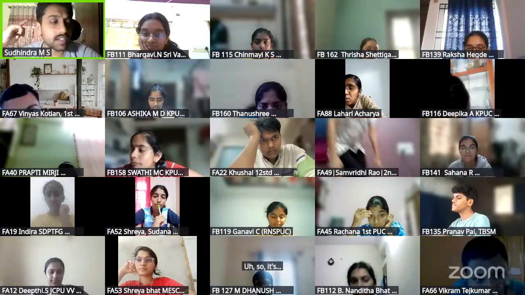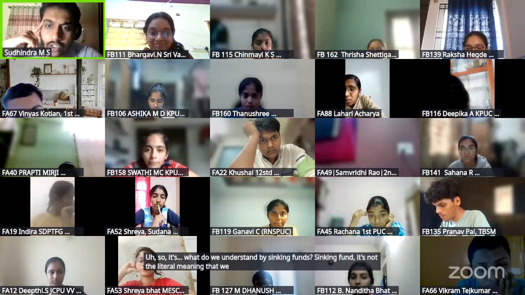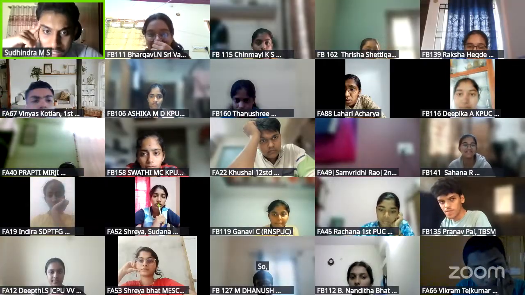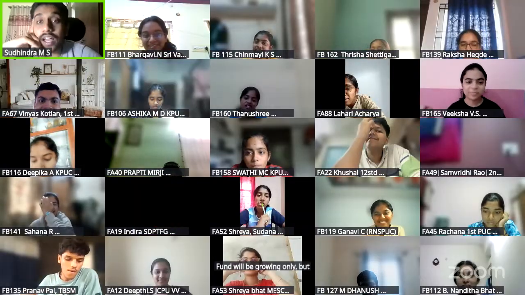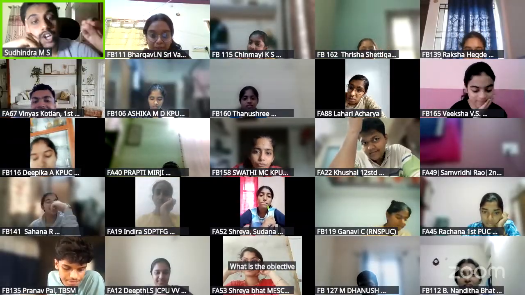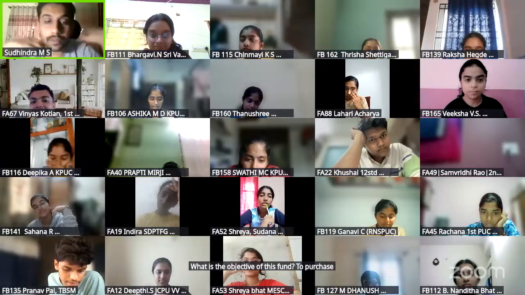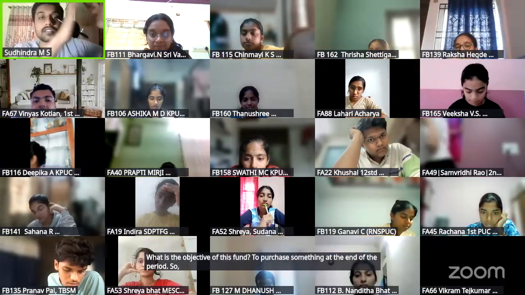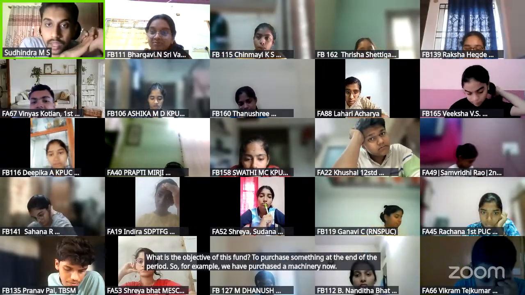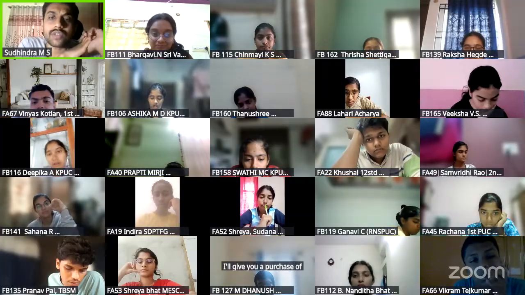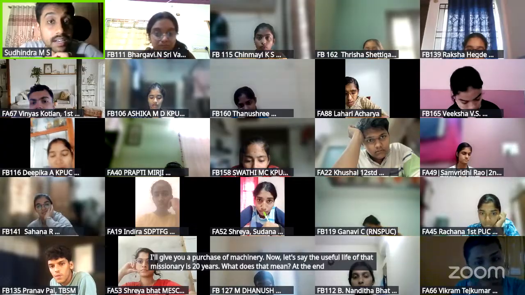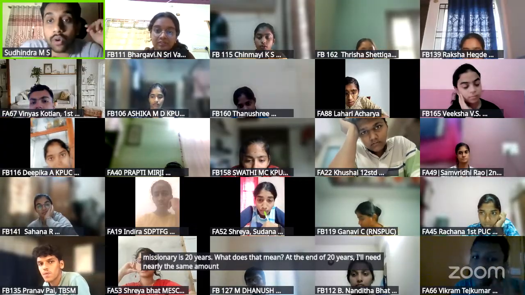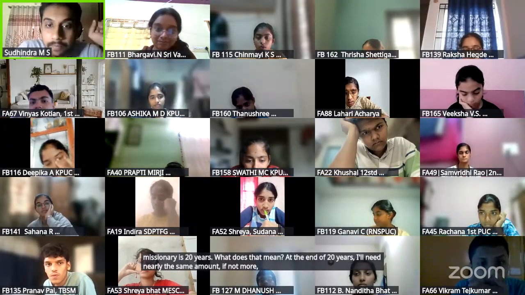So what do we understand by sinking fund? It's not the literal meaning that we understand, Arpita. The fund will not be sinking, the fund will be growing only. But what is the objective of this fund? To purchase something at the end of the period. For example, we have purchased a machinery now. Let's say the useful life of that machinery is 20 years. At the end of 20 years, I'll need nearly the same amount, if not more, to replace that machinery.